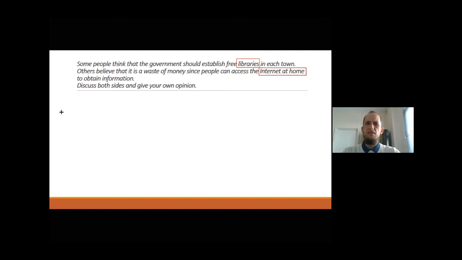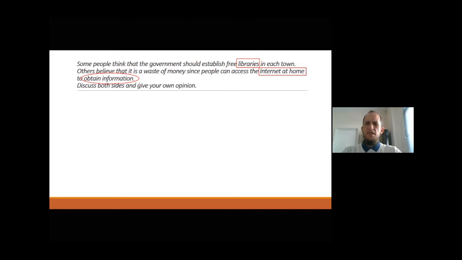And what's our aim with using a library? Obtain information. Thank you, Tolkien. That sounds good. Obtain information. So what do we need? We need libraries, or do we need internet at home to obtain information?